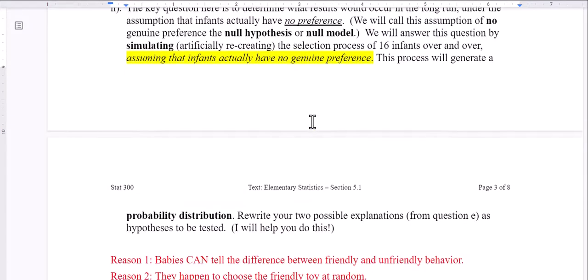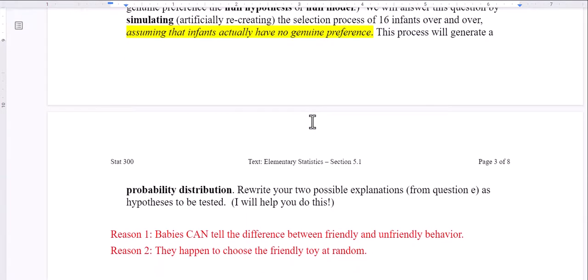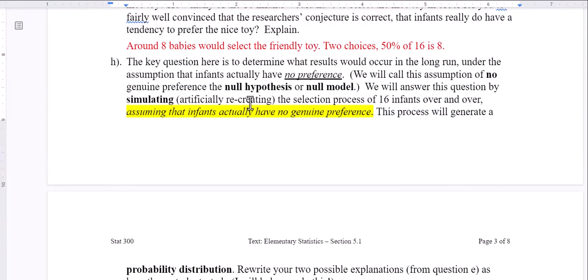So let's rewrite our reasons here. And because we want to create a null hypothesis, this is the one that has no preference. We want to assume, so we want to artificially recreate this result, assuming that infants have no genuine preference.